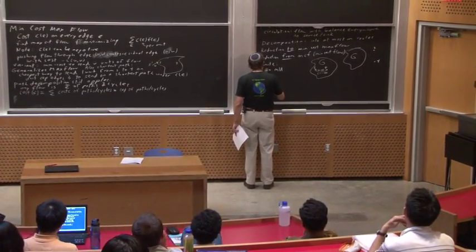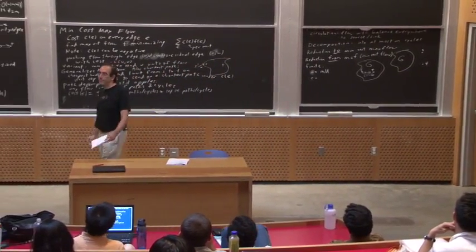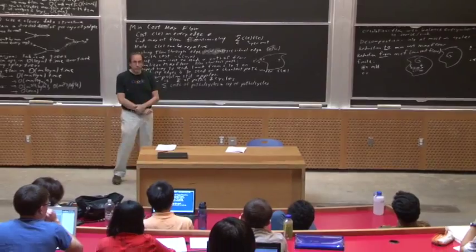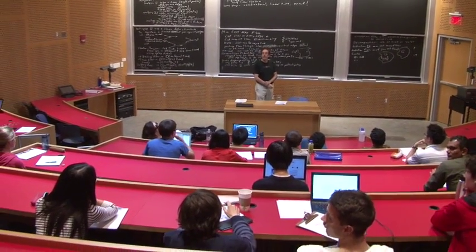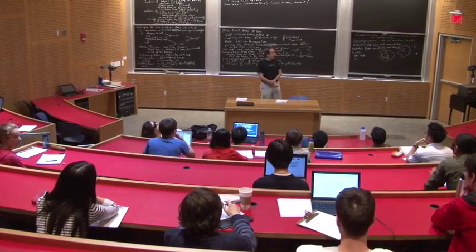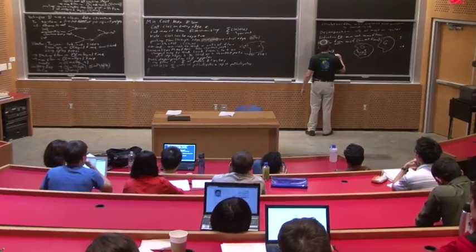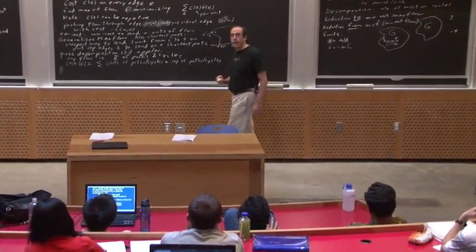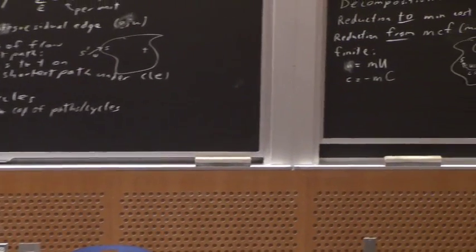What sort of cost should we put onto this edge? Yes? Minus m times the largest absolute cost. Good. So you're asserting that it should be minus m times the largest absolute cost, which I will take as capital C. What's the argument for that?